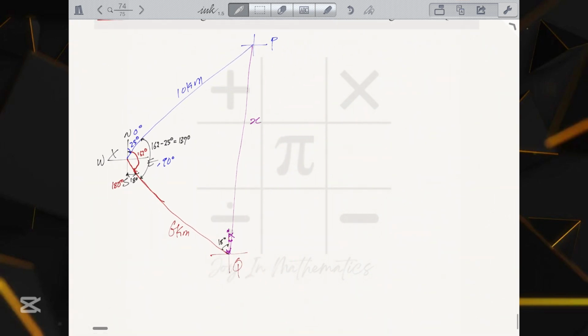Now we have what we are looking for. We can calculate the distance. Let's draw the diagram again for understanding. We are looking for x. We are given 10 kilometers. We have 6 kilometers. The angle here is 137 degrees from point X. Point P, we don't know the angle.